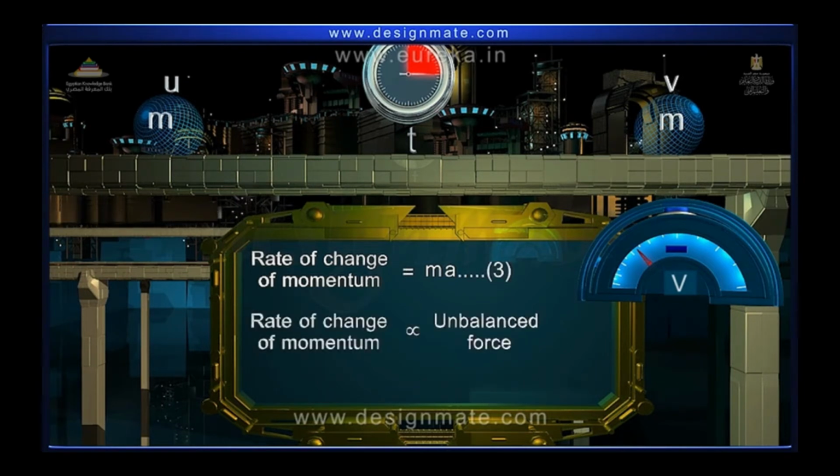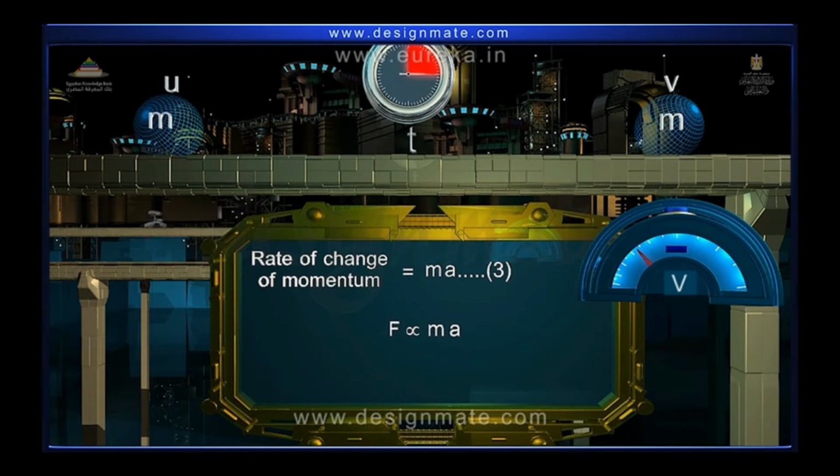We have already seen that the rate of change of momentum is proportional to the unbalanced force. From equation 3, we can say that ma is proportional to the unbalanced force, which can be denoted by F. F is proportional to ma. This expression can also be written as F equals k into m into a, where k is the constant of proportionality.